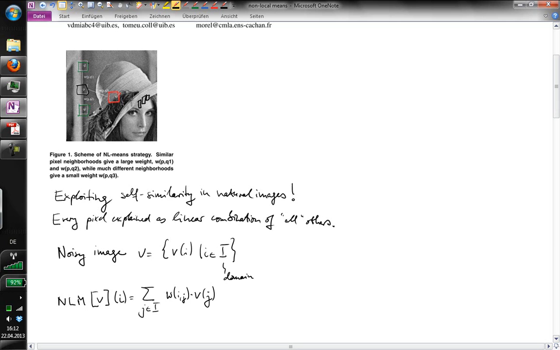So let's say we take these patches to be of dimension 7 by 7 pixels, then it means that each patch is a point in a 49-dimensional feature space.